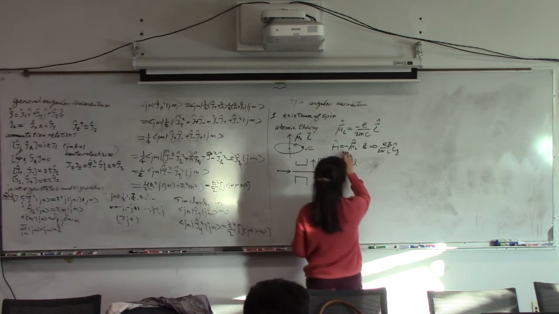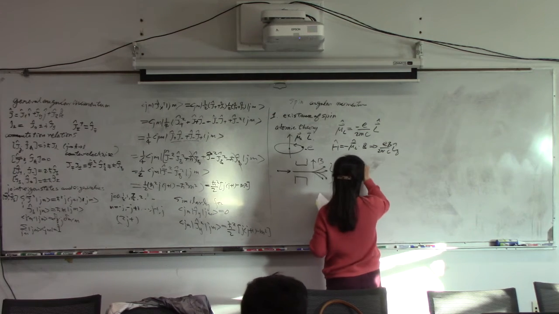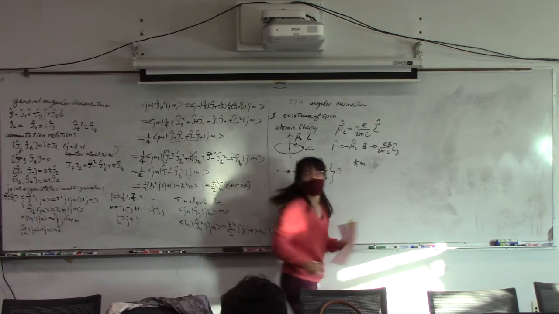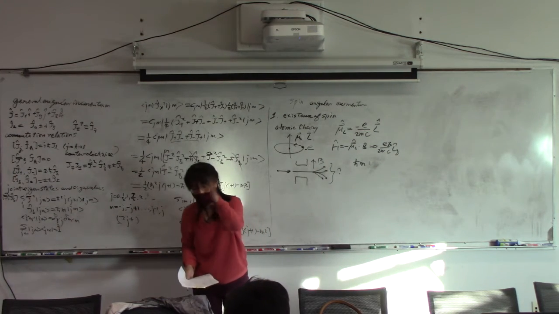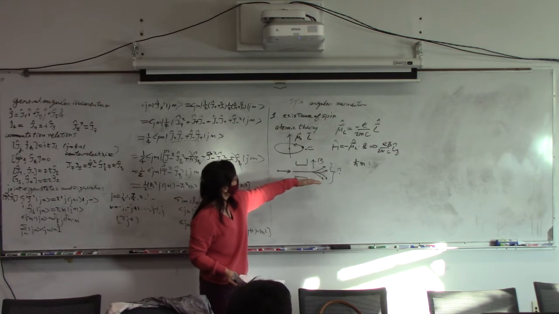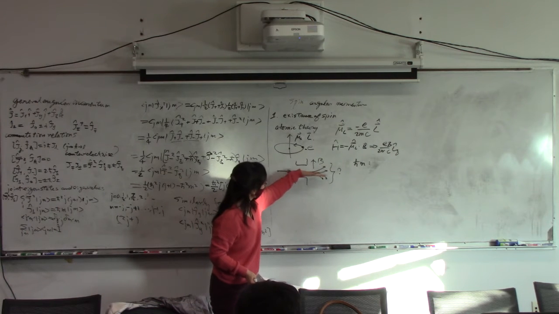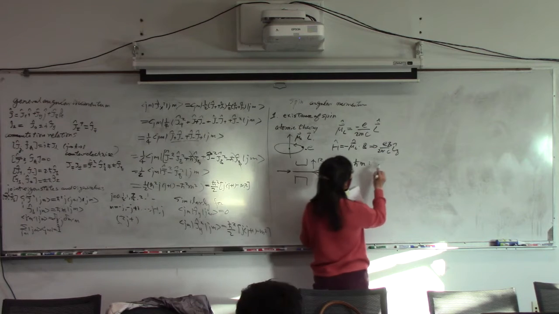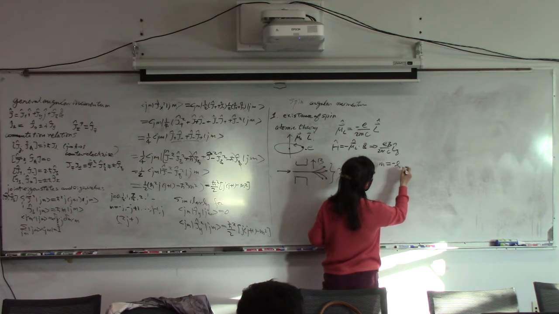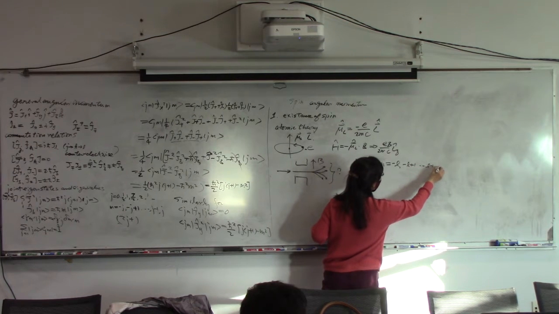Then you will see that the allowed values you measure correspond to ħm, right? So you have allowed splits, and how much depends on m. m goes from minus L, minus L plus 1, up to L minus 1 and L. How many? 2L plus 1.